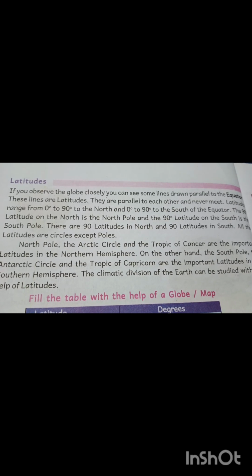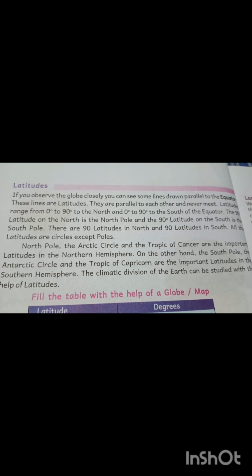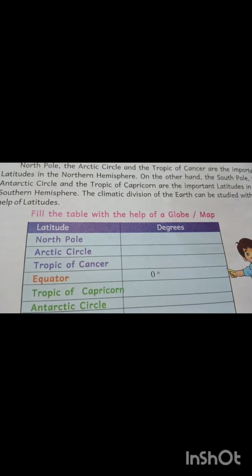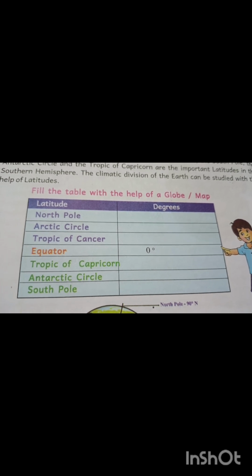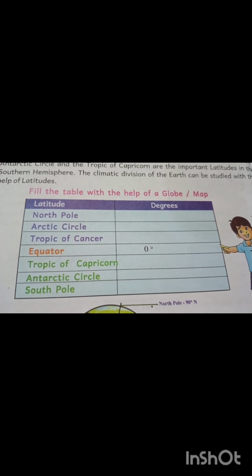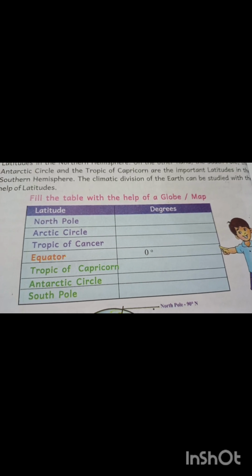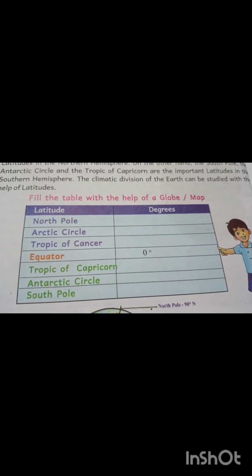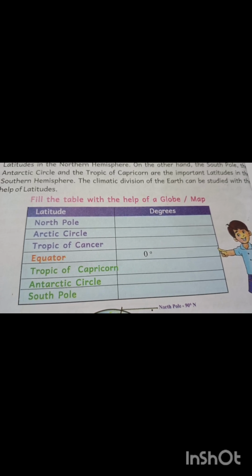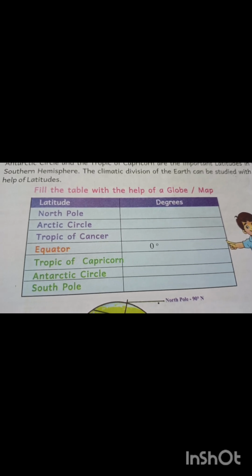The climatic division of the Earth can be studied with the help of latitudes. Fill the table with the help of a globe or a map. North Pole, Arctic Circle, Tropic of Cancer, Equator, Tropic of Capricorn, Antarctic Circle, South Pole.